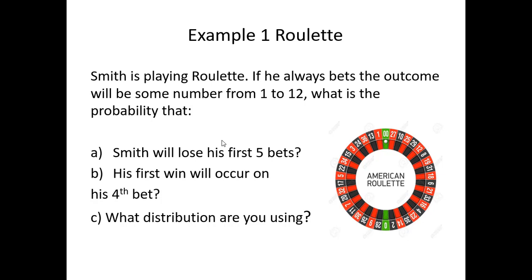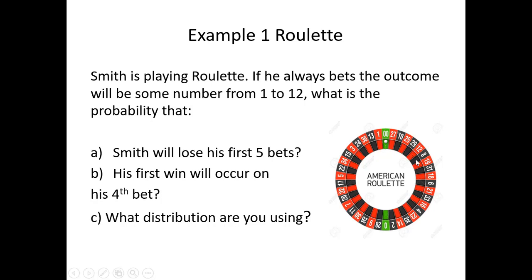In the first example, let's consider playing roulette. Remember, in roulette, there's a wheel that spins around and a little ball that bounces up and down, and the number that comes up is wherever this ball lands when the wheel finally stops.